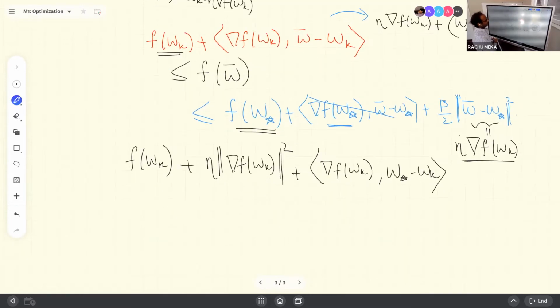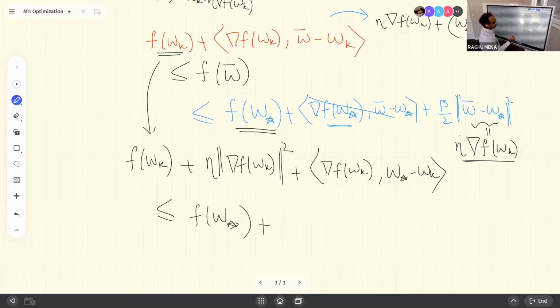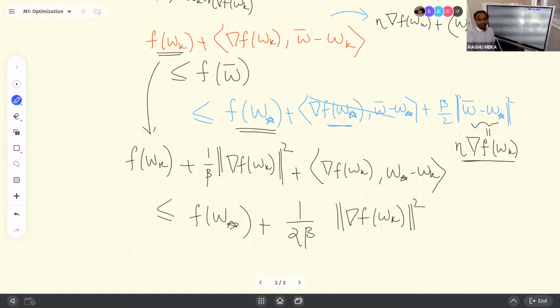Right? So I'm expanding the first inequality here. I get that is less than or equal to this plus, remember eta was 1 over beta, like we said the step size should be exactly this much. So I just get, right?